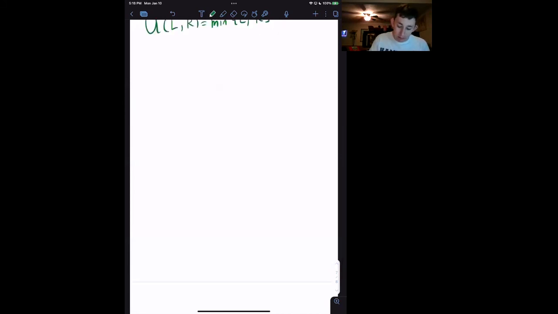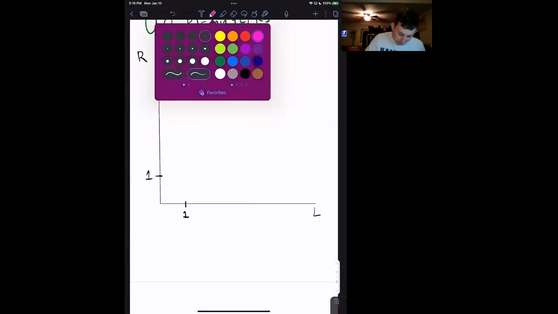And the way this is going to look graphically, if we throw down a quick axis here, let's put left shoes on the x-axis and right shoes on the y-axis. So here's one left shoe, and here is one right shoe. Let's do a fun color. Let's do pink.